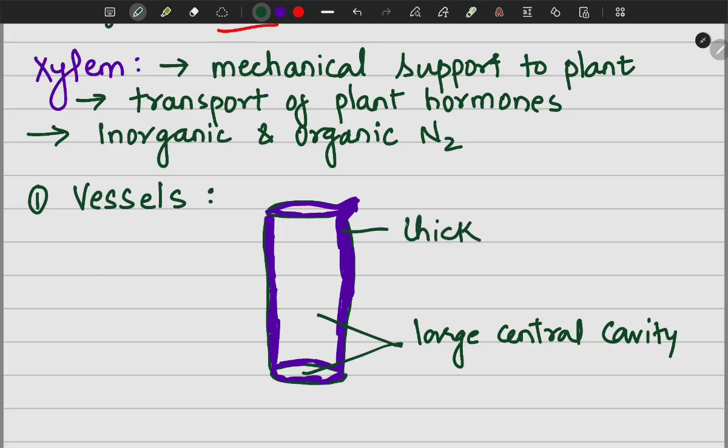This is the thick cell wall, which is lignified, and there will be perforations all over the vessels like this for the conduction of water. The perforations will also be present here.